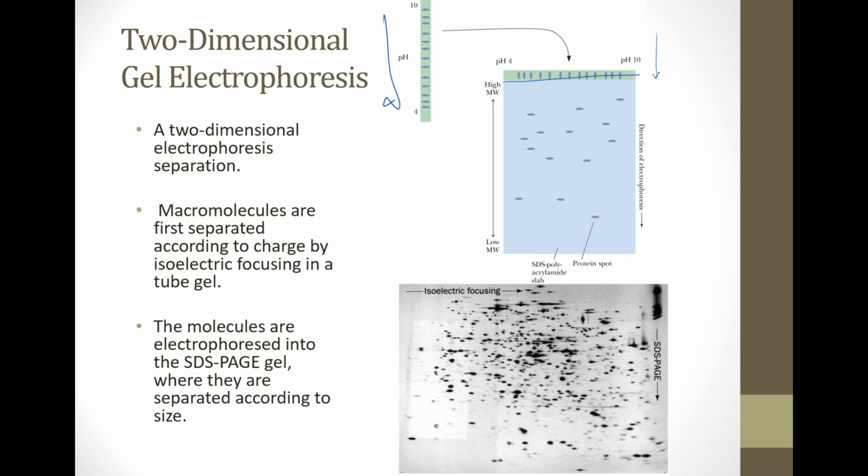And you get this really high resolving power where each of these dots on this gel have been isoelectrofocused in this plane and then run out based on size and shape in the other plane.